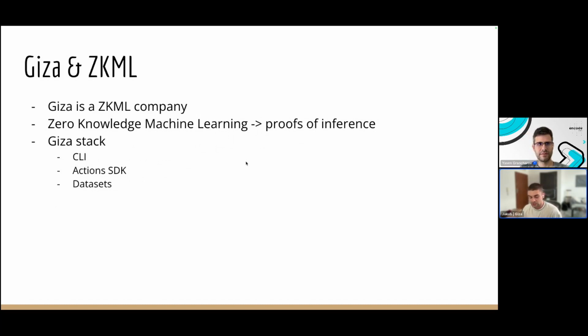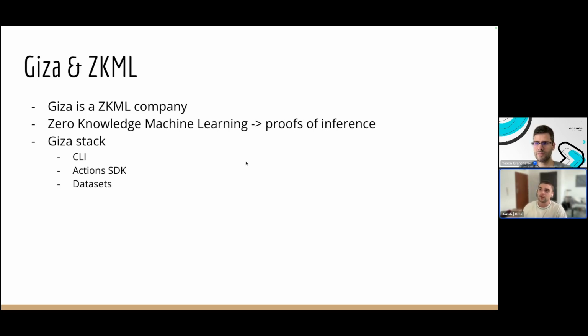Once you create your machine learning model and feed it new input data and ask it for inferences, ZKML allows you to create a cryptographic proof that this particular result of running this input data on this model was achieved in a computationally correct way and was not tampered with at any step of the entire process.